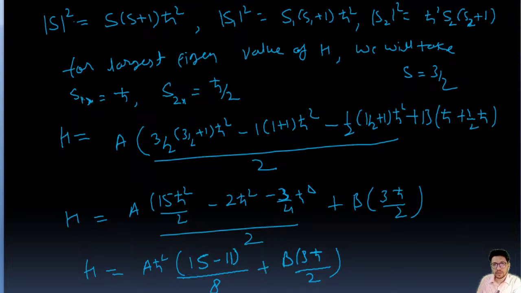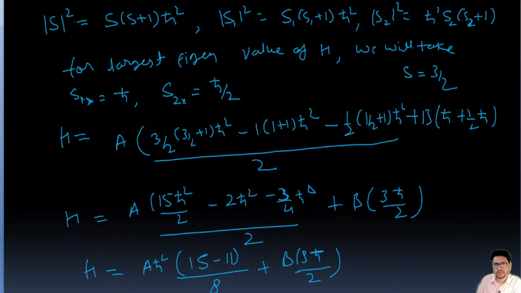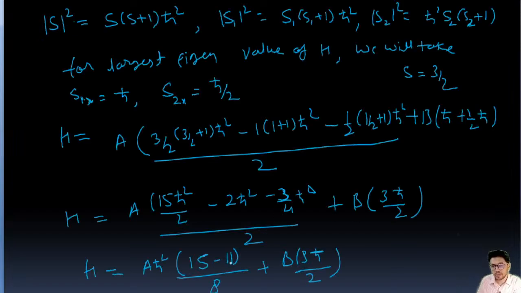Okay, so we'll now simplify it further. So H is going to be, 4 will cancel 8 by 2 times, right?